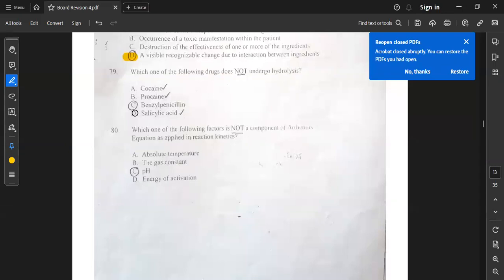Black Panther says that benzyl penicillin, that is PenG, undergoes hydrolysis in the stomach, hence the reason why it is given through the IM route.